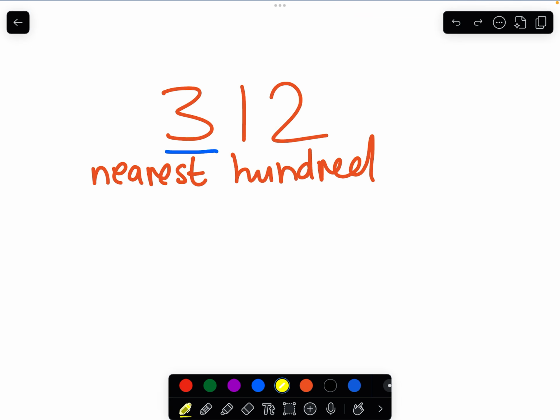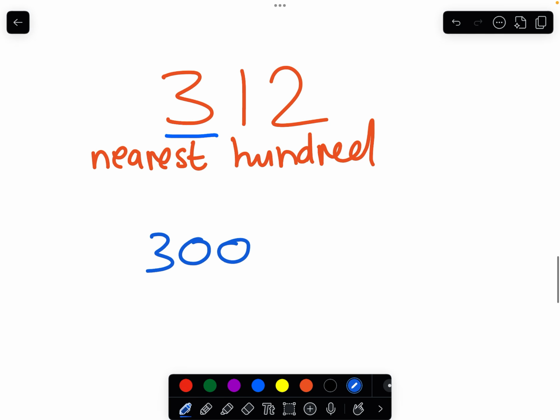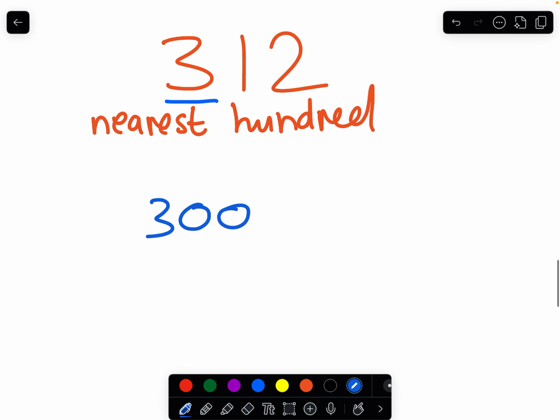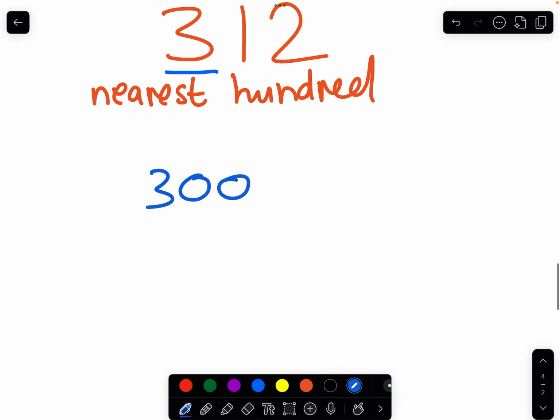And 4 or less, let it rest. This is definitely 4 or less. So let it rest means we're going to let the hundreds place rest, and we get 300 as the number that we are rounding 312 to.